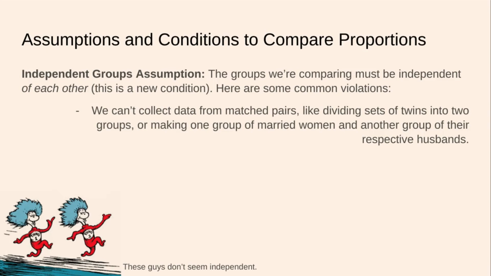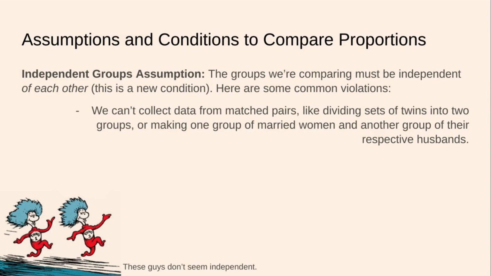We cannot collect data from matched pairs, okay? So, by the way, what are matched pairs? If we were to consider groups of two individuals at a time, sending one, let's say, to the control group and another to the treatment group, for example, sets of twins, or wives and their respective husbands, we cannot consider matched pairs.